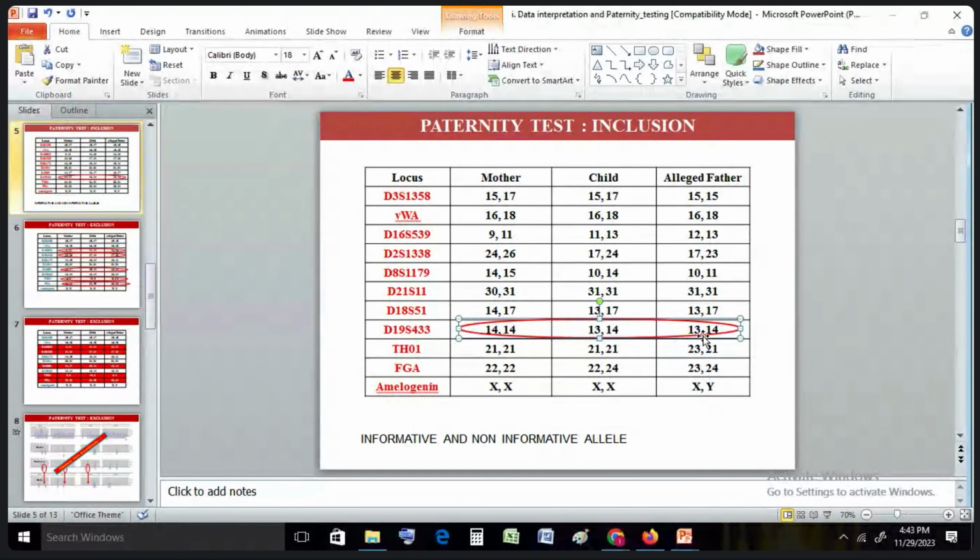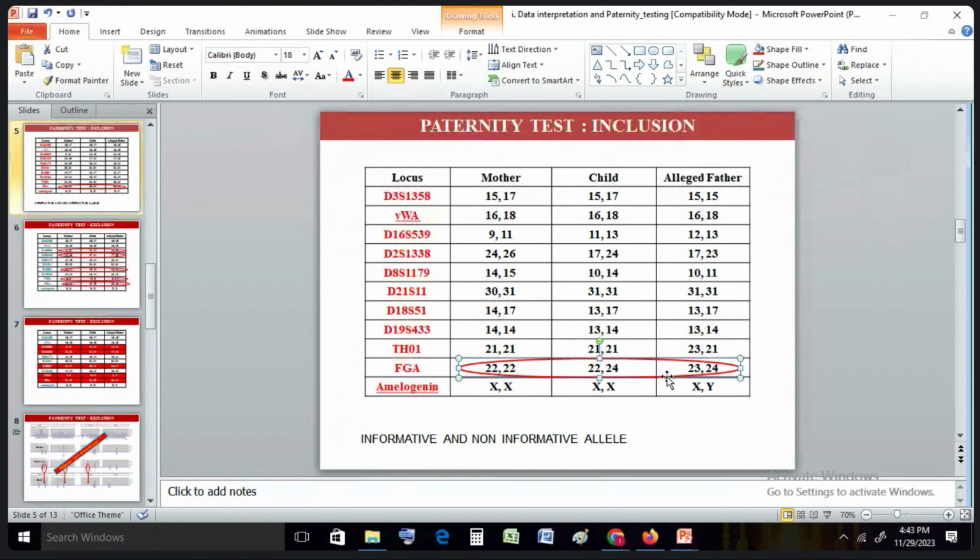It is there. Then the next one, 21 must come from the mother, and the other 21 should be from the father. The father also carries 21, so it is a match. And the last one, 22 must come from the mother, 24 should come from the father, and it is present in the father, so it is also a match.